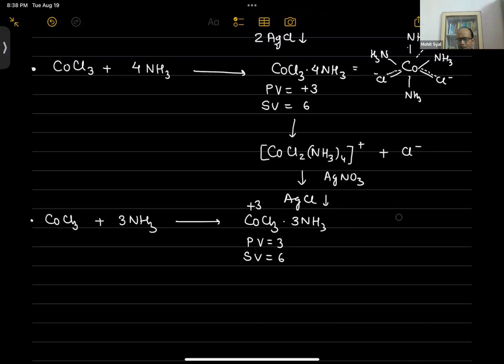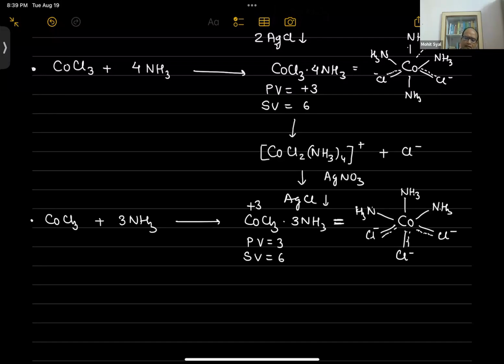The chloride ions. So the chloride ions are fulfilling it. All 3 are fulfilling both purposes, right? They are forming the bonds and they are also satisfying the +3 charge. Got it? Is it clear?